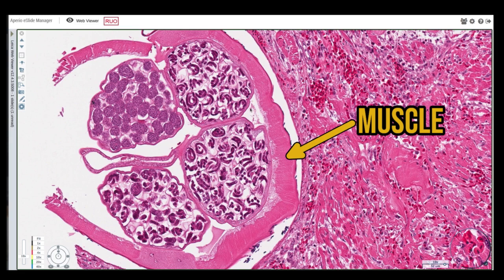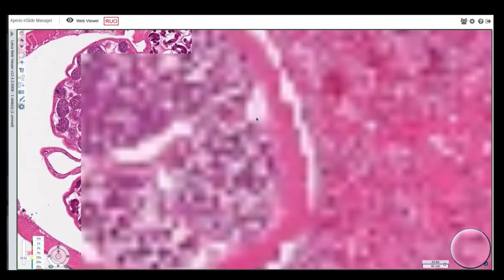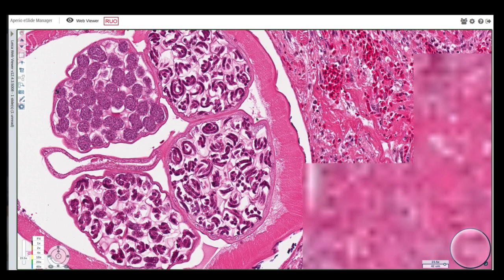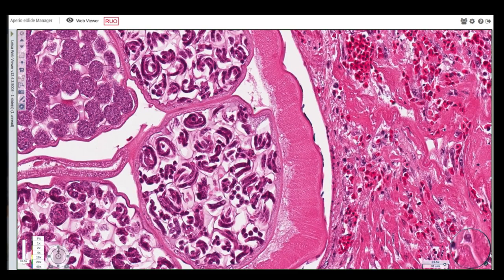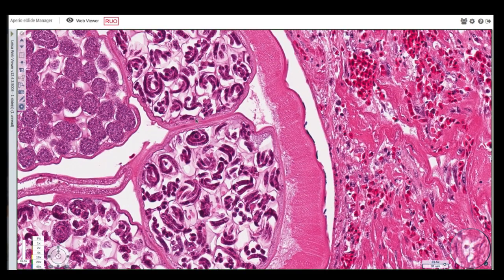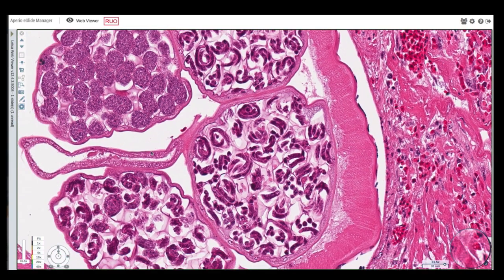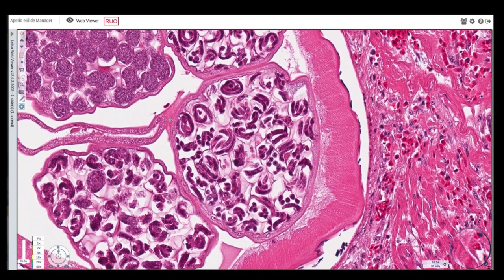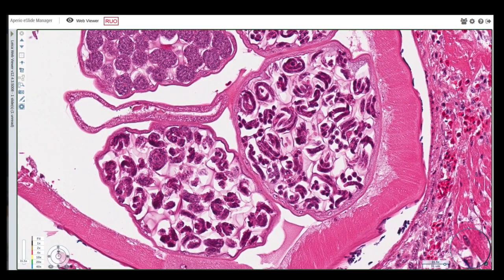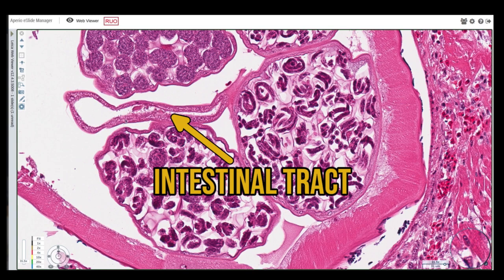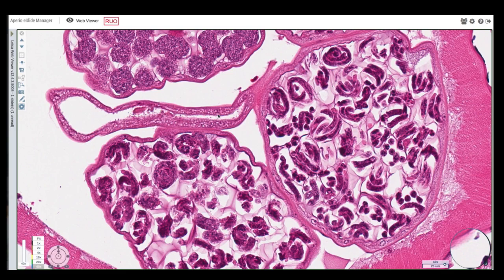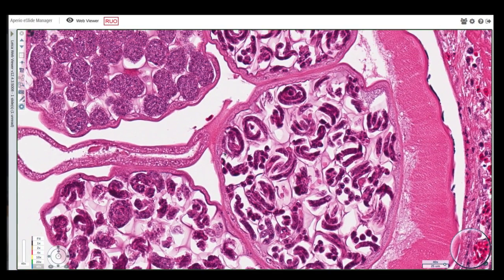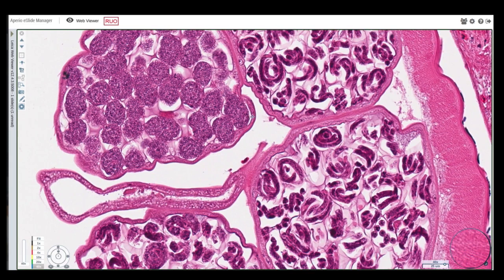They have what's called a pseudocoelom, so it's not a true body cavity like we have a thoracic cavity or an abdominal cavity, in that yes, there's some space here, but it's not lined by cells, so it doesn't count as a true body cavity. It's a pseudocoelom. We have a gastrointestinal tract here with bubbly uninucleate cells, and then most of the pseudocoelom is dedicated to reproductive tract.